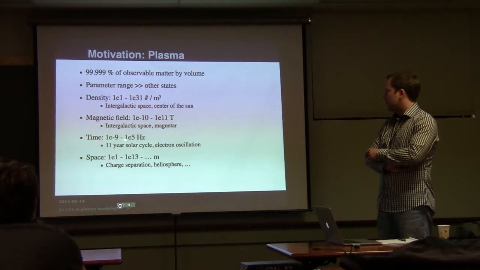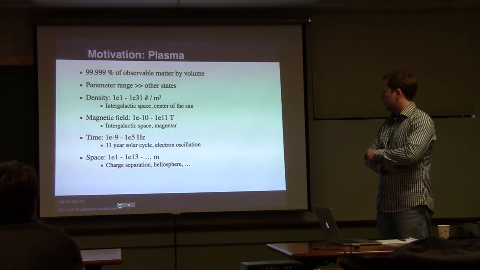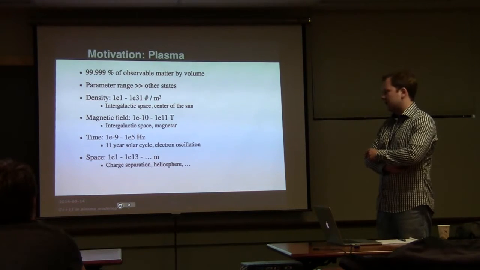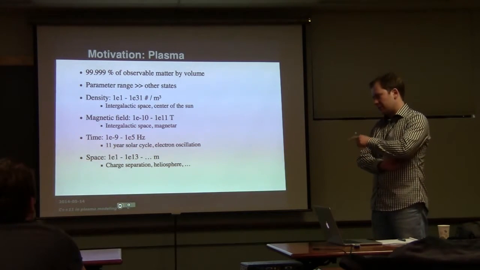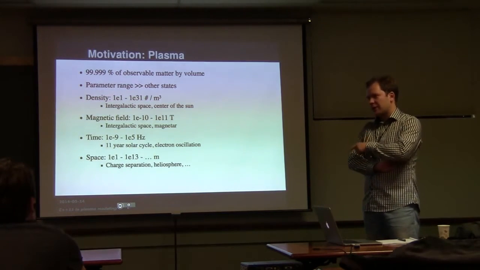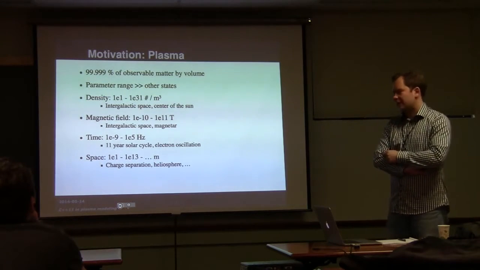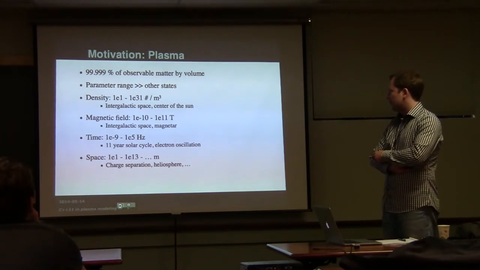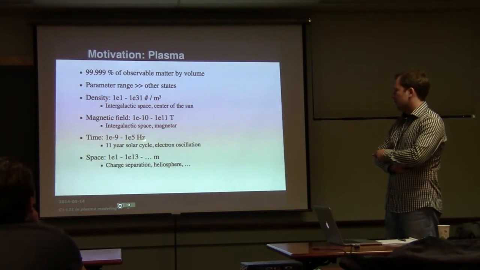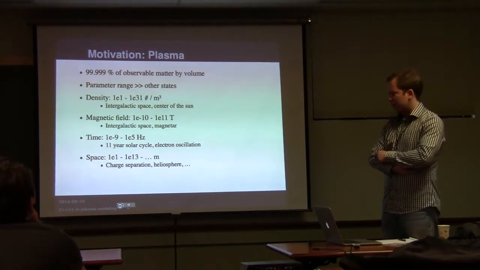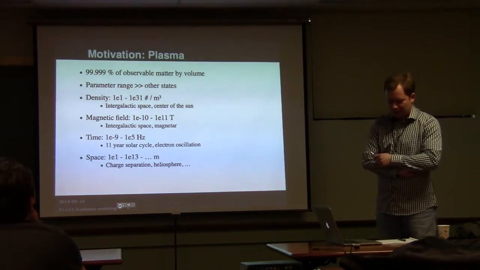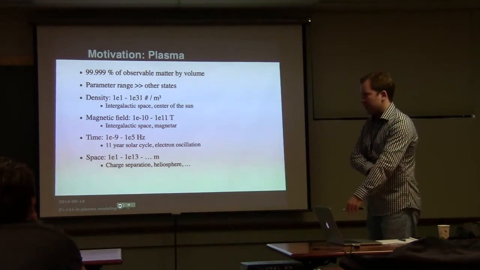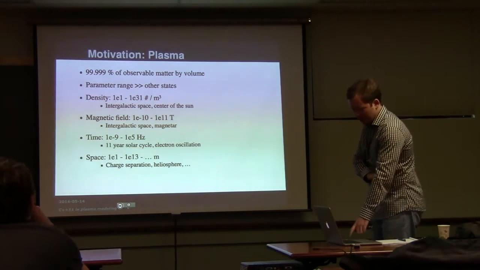The time scales also vary quite a lot. There is the 11-year or 22-year sunspot cycle, which affects the entire heliosphere in some form, and then there are kilohertz electron oscillations, which also play an important role in some plasma physics.